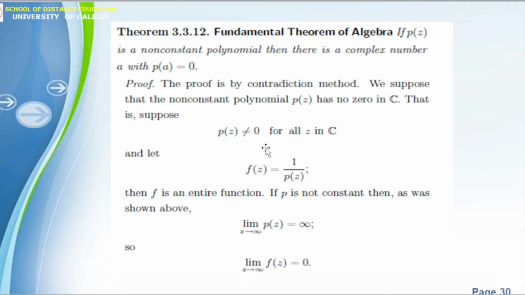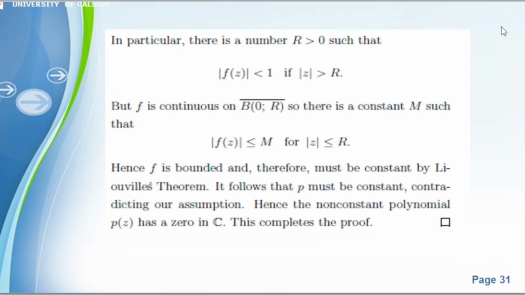So if we write f of z is equal to 1 by p of z, then f is an entire function, since p is not a constant value. So we can see that the limit as z tends to infinity of p of z goes to infinity, and the limit as z tends to infinity of f of z goes to 0. In particular, there is a number r greater than 0 such that modulus of f of z is less than 1 for mod z greater than r.